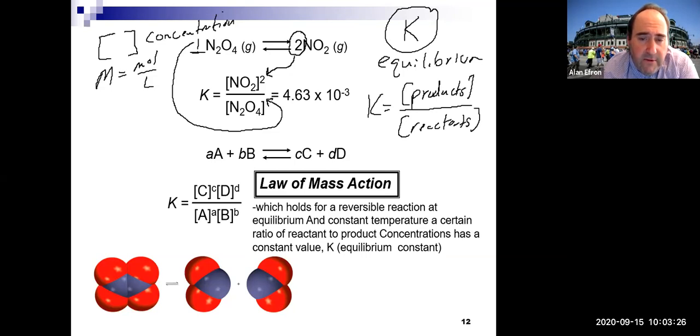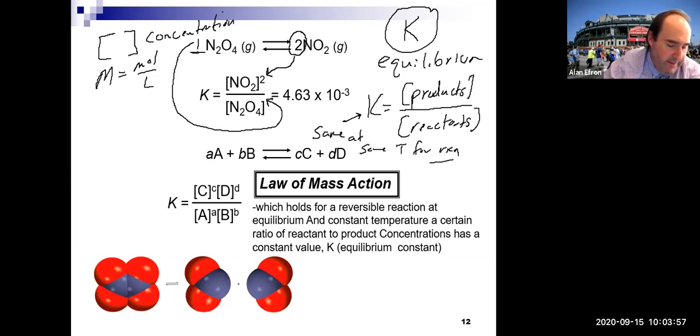A little bit different than kinetics, we use the coefficients as the exponents. This relationship of the concentration of products to reactants is constant, which is why it's called an equilibrium constant. For a particular reaction at a specific temperature, the value will be the same at the same temperature for a reaction.